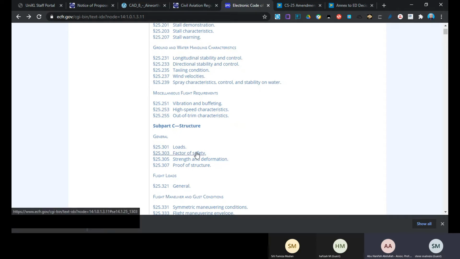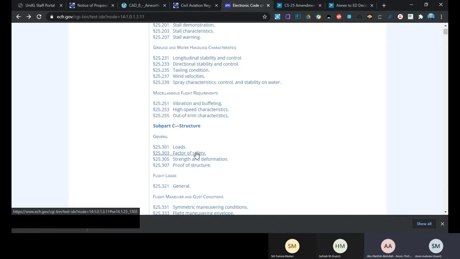The structure must have a margin of 50% above the applied load. If you apply a load of 100 Newton, your structure must be designed to 150 Newton, because 150 over 100 is 1.5. You must have that 1.5 because that is required under the design regulation.